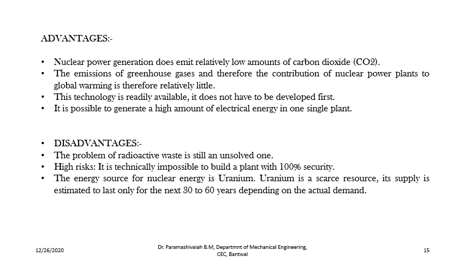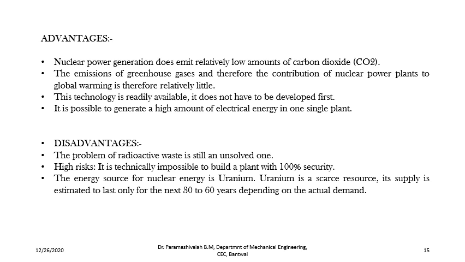So high risk. It is technically impossible to build a plant with 100% security. There is every possibility of leakage of radiation, and in case of an accident, it will be a very big issue. The energy source for nuclear energy is uranium. Uranium is a scarce resource. It's not available in plenty.